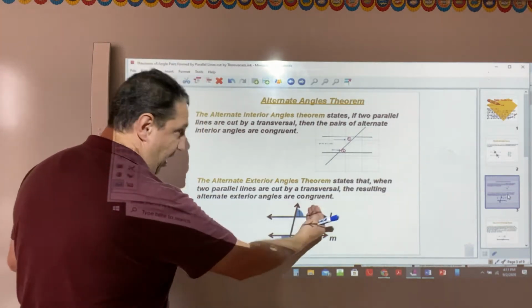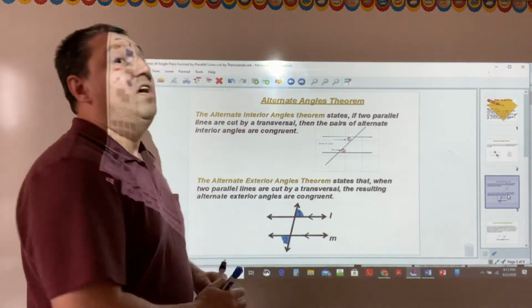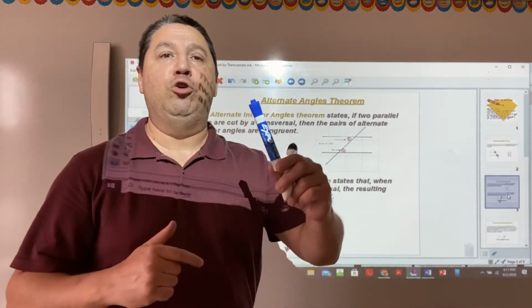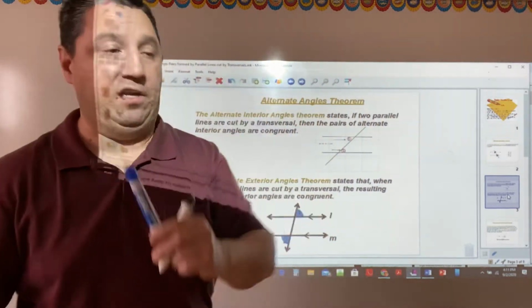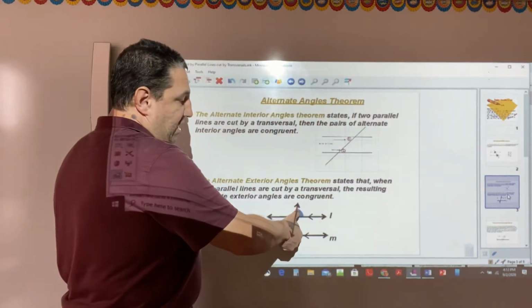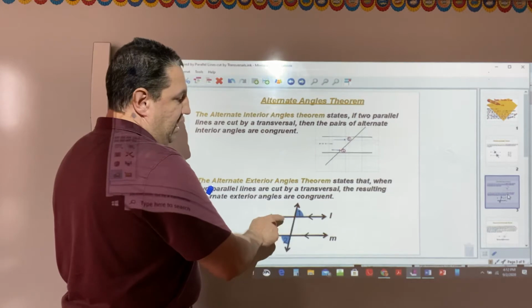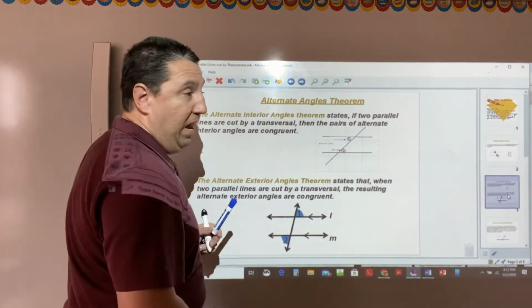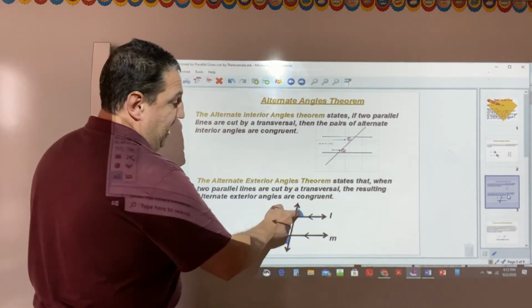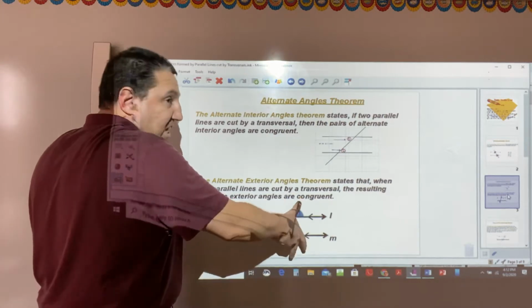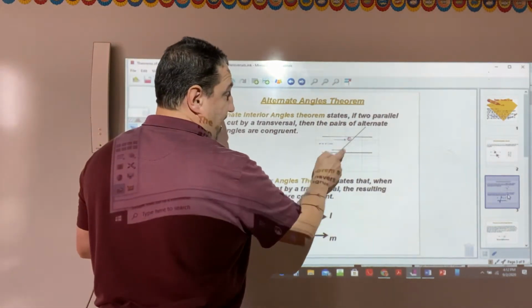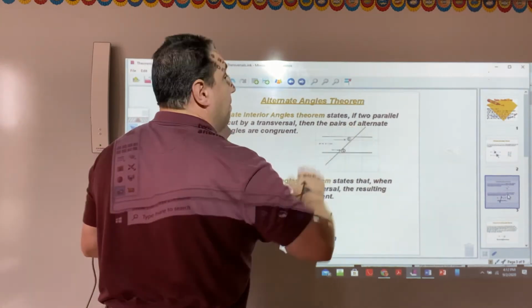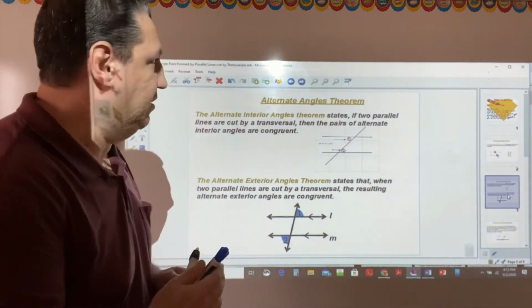So they are on opposite sides, and also they could be either exterior or interior, depending on their location relative to the other two lines. For example, here the angles are exterior, they are alternate and exterior. Here they are interior. Why? Because they are between parallel lines.